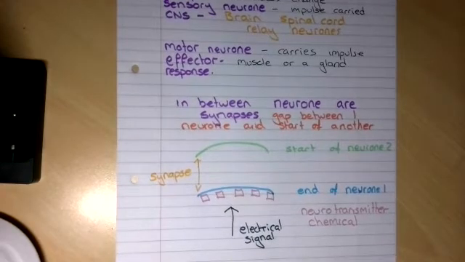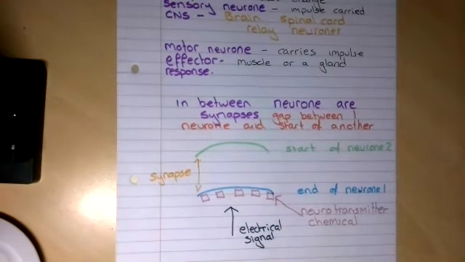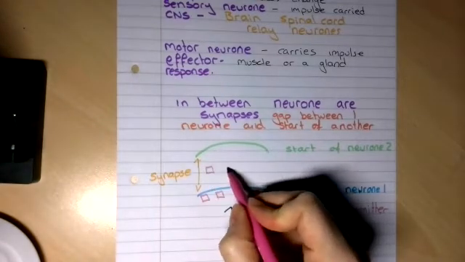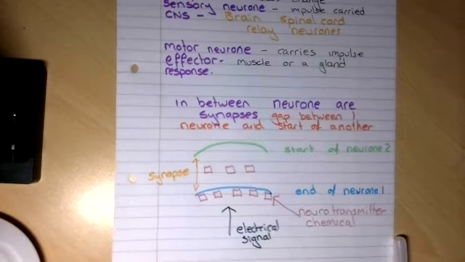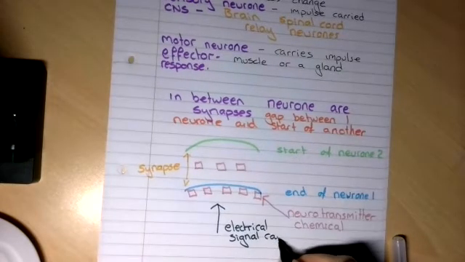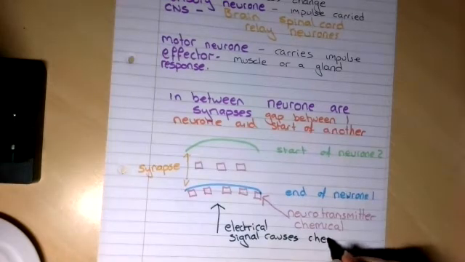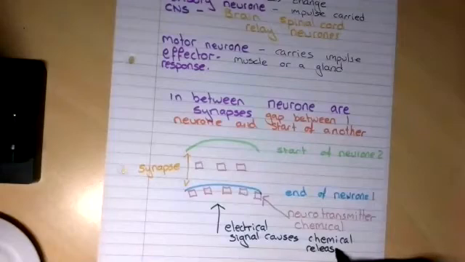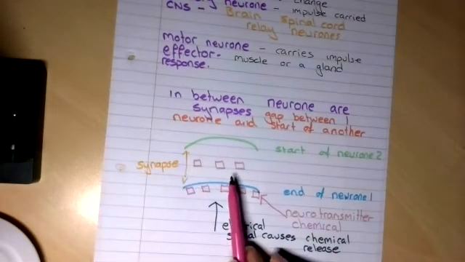So this electrical signal causes the neurotransmitter to be released into the synapse. So electrical signal causes chemical release. So we now have the neurotransmitter in the synapse.